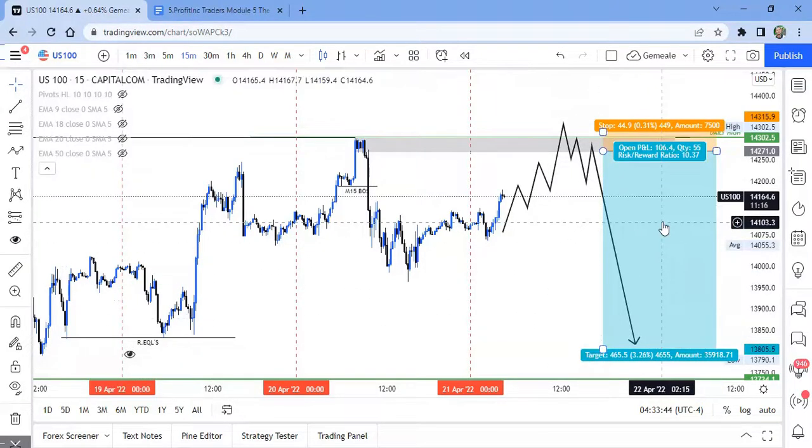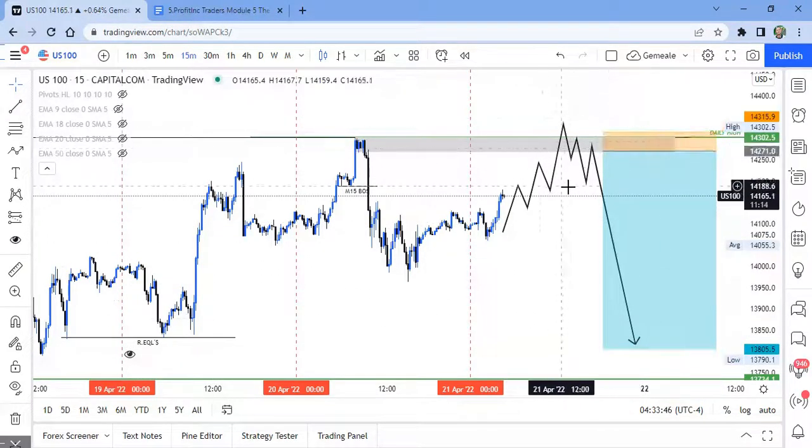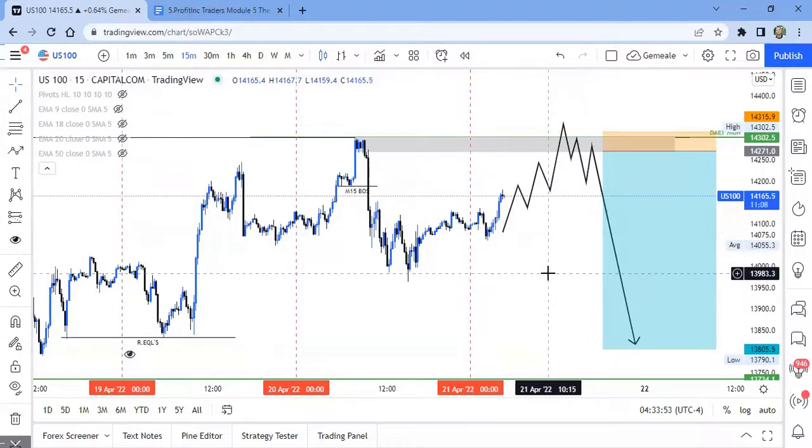So we can get a cleaner entry if we wait for a shift in market structure, and we get a less risky trade. Very simple, guys. And that's how we use all the information that's been shared in the course content to formulate our trade ideas. I hope you enjoyed this video, guys, and I will see you in the next video.